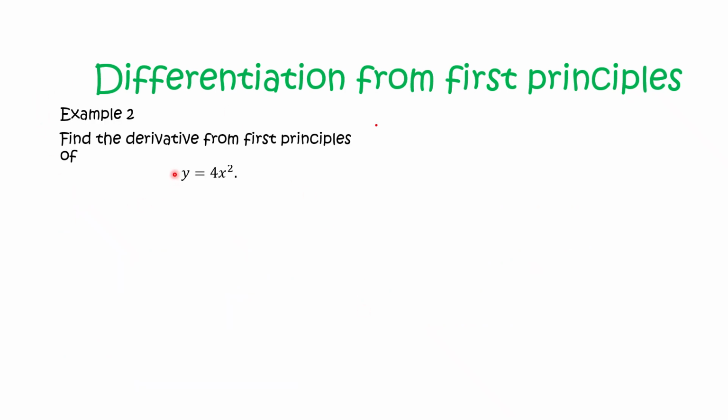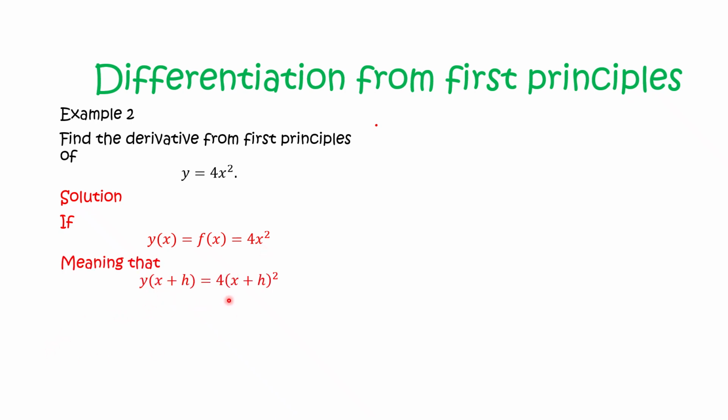Find the derivative from first principles of y is equal to 4x squared. The solution. If y of x is equal to f of x is equal to 4x squared, this means that y of x plus h is equal to 4 times x plus h all squared.